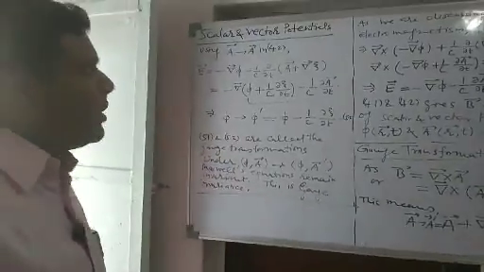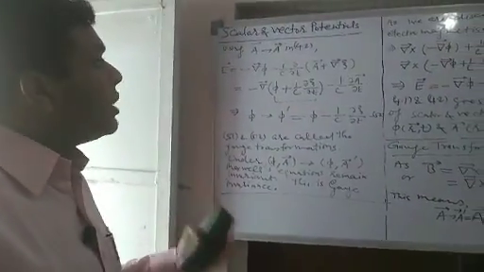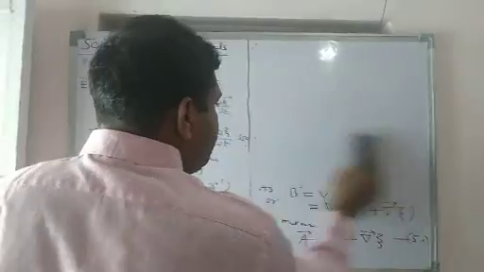So what we need to do is somehow fix this parameter by putting certain conditions on it, and those conditions are called the gauge conditions. So let us discuss the gauge conditions.